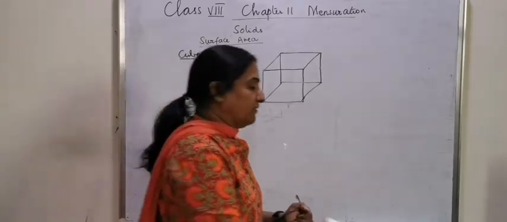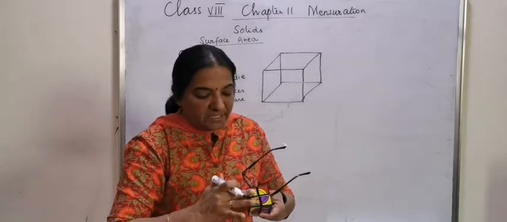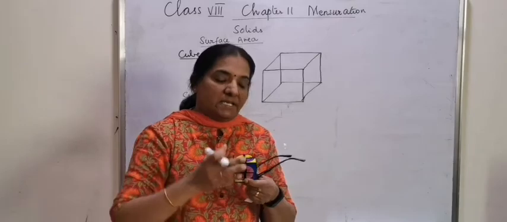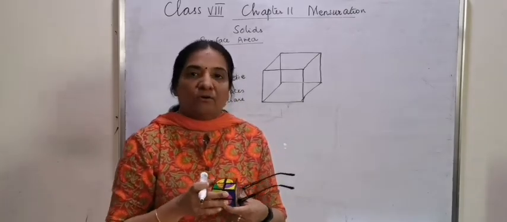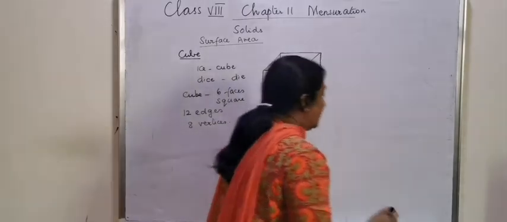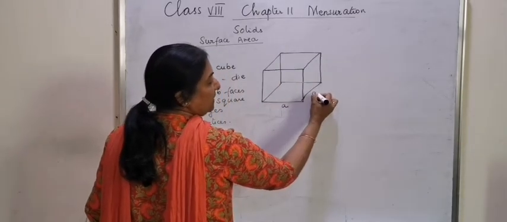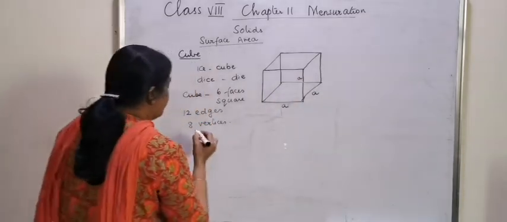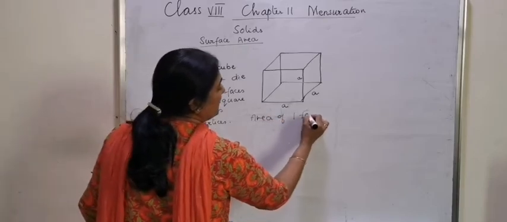So if you can find the area of one face of the cube, and since it has 6 faces, the total surface area will be 6 times the area of one face. Let's call the edge of the cube a, so length is a, breadth is a, height is a. What will be the area of one face?